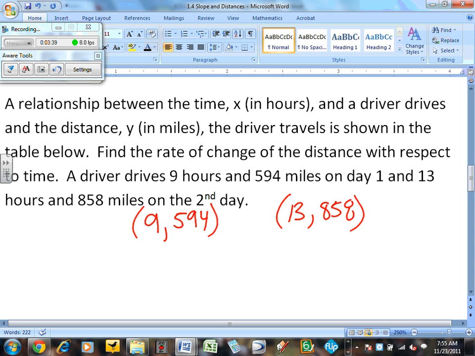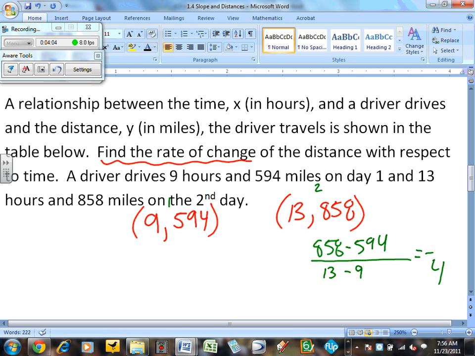They want us to find the rate of change, and when we're talking about slope, we're finding the average rate of change. We want to figure out how many miles he went compared to how many hours. So let's go ahead. Our slope formula was y2 minus y1, so 858 minus 594 divided by x2, 13 minus 9.